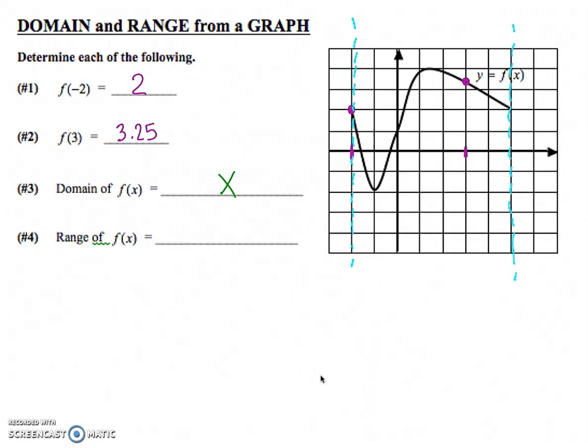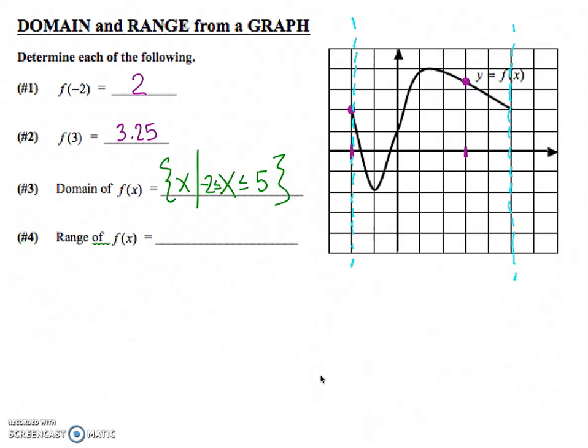So we would say x such that negative 2 is less than or equal to x, which is less than or equal to, and over here my blue line is at positive 5. Sorry for the smooshing there between the negative 2 and the x. So that would be my domain of f of x.